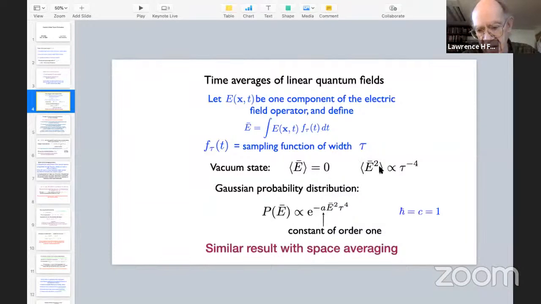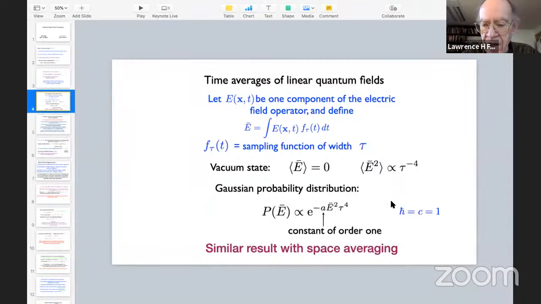If you look at the variance, that is the expectation value of the squared average field, that typically is proportional to the inverse fourth power of the averaging time. And this is where you see the confirmation of the statement that the local operator doesn't have meaningful fluctuations. As you let tau go to 0, of course, this variance goes to infinity.